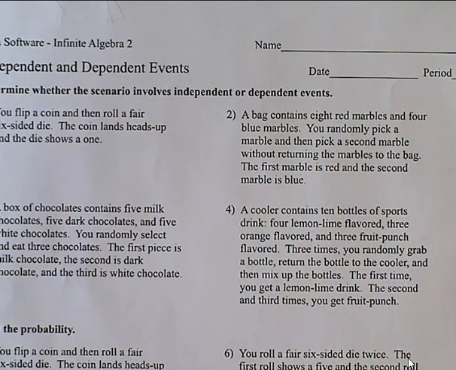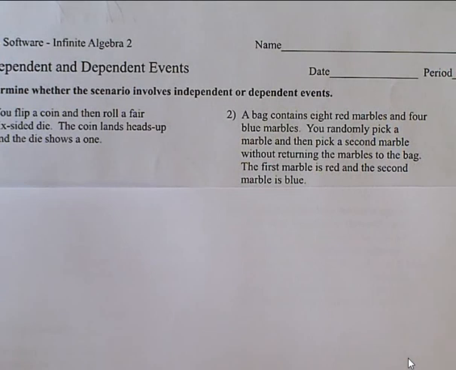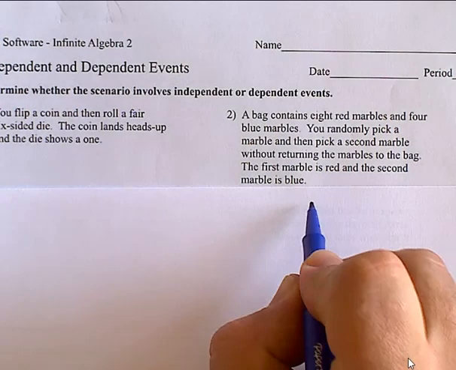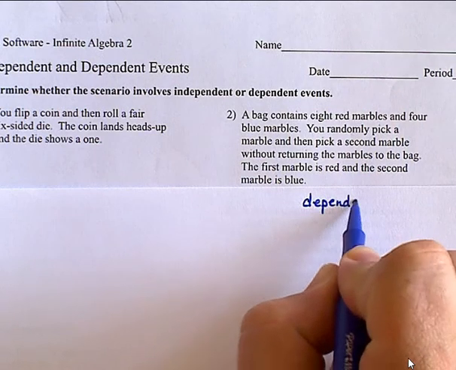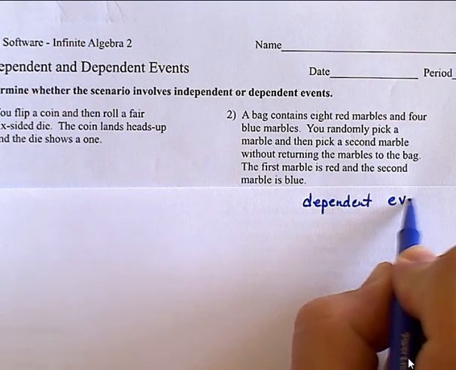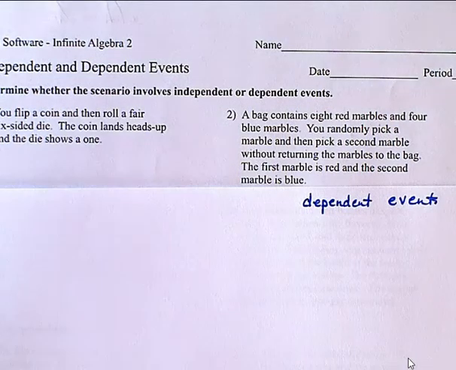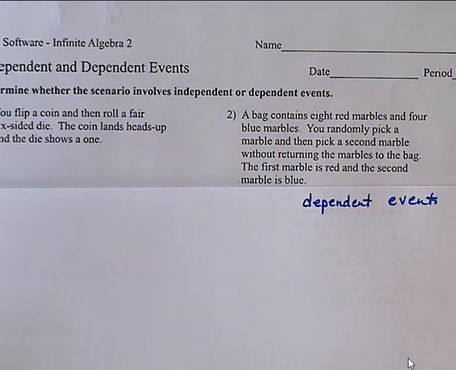Well, the key there is without returning means there is no replacement. And no replacement allows me to say that on question number 2, these are dependent events. Again, if the second event is not affected by the first, then we're independent.